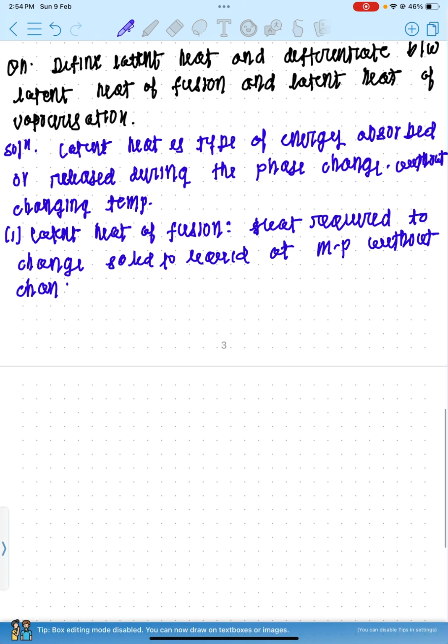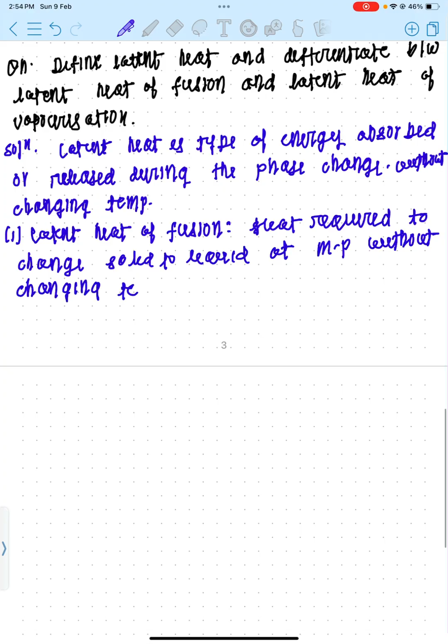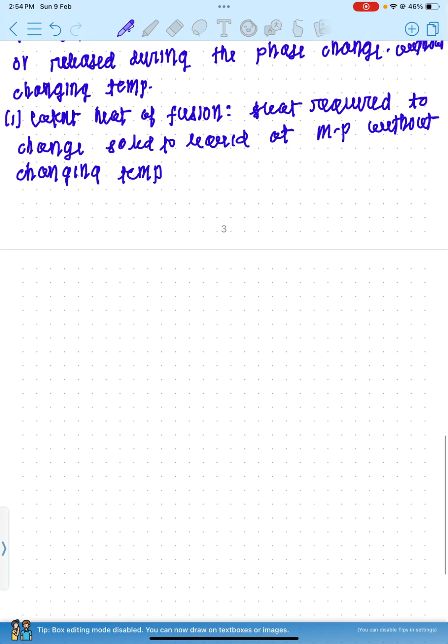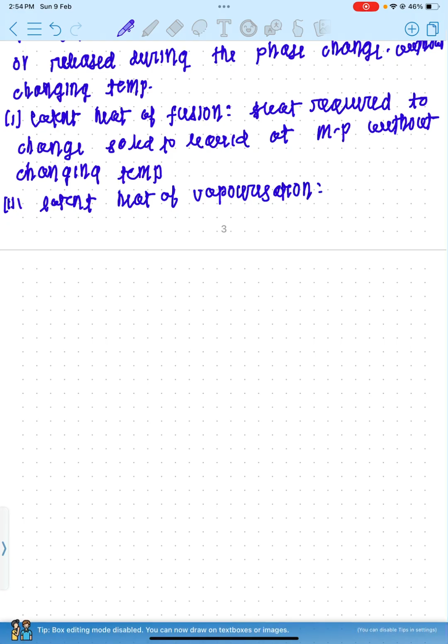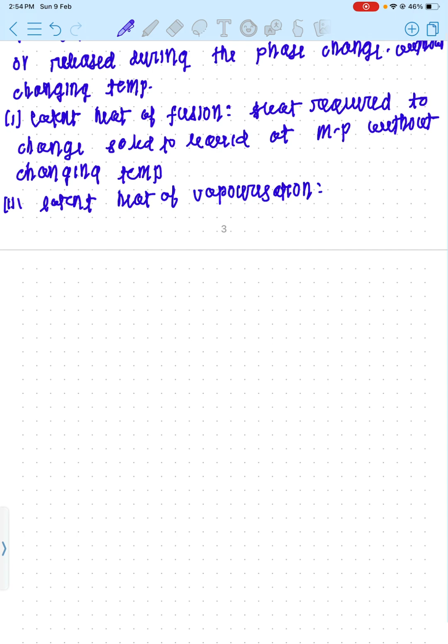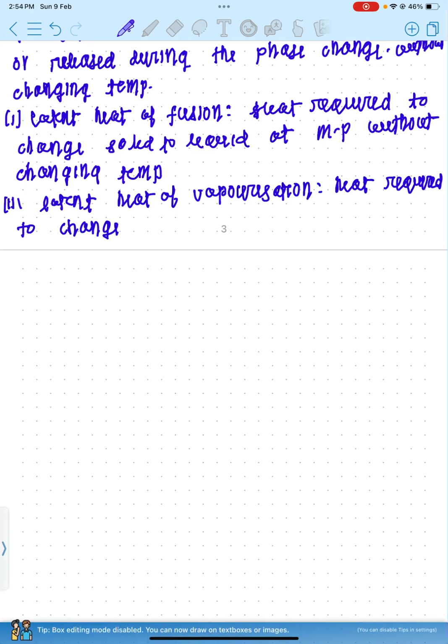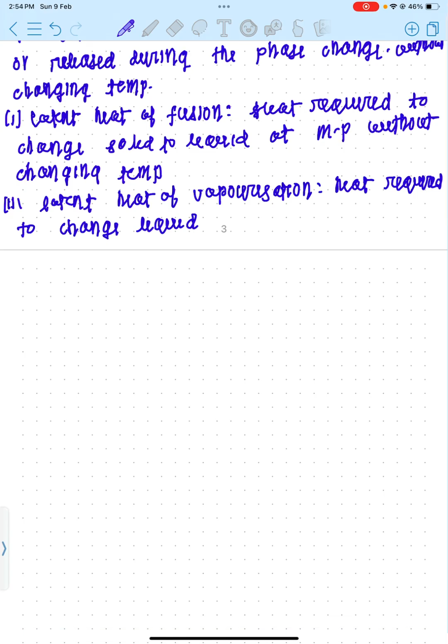And the latent heat of vaporization is the heat required to change the liquid into the gas at its boiling point.